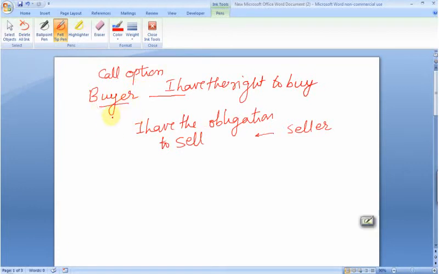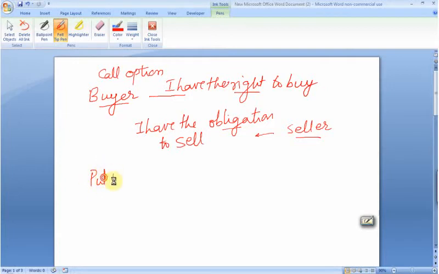If he feels the trade is making a loss, because he has the right to buy, he can choose either to make the trade or not, and his only expense would be the money that he has put into the trade. But for the seller, he has no choice, he has the obligation. So if the buyer decides to make the trade, the seller will have to make the trade.